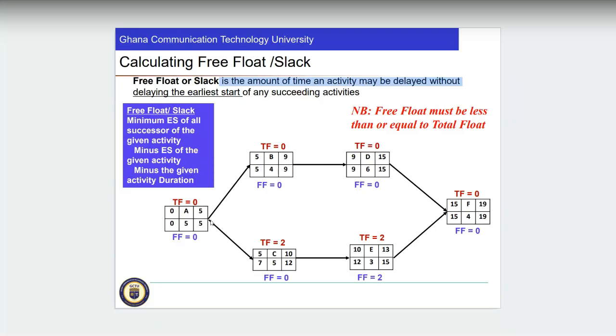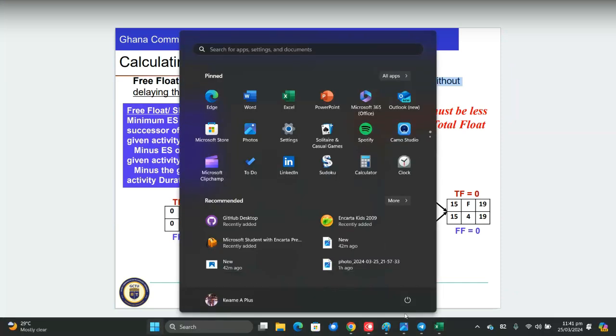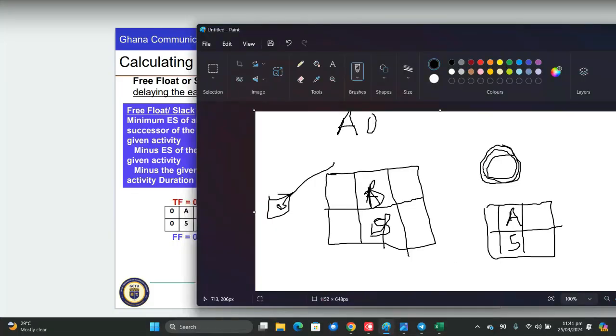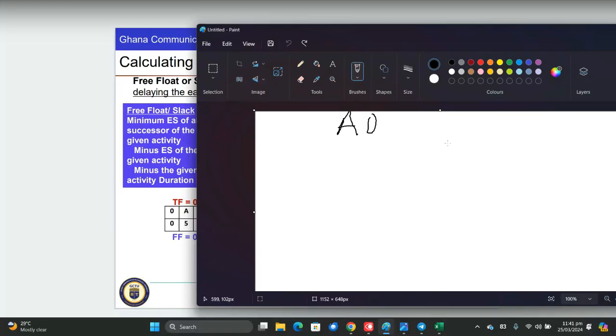So assuming this is activity one, this becomes activity zero. Assuming this is activity one, the earliest start is 5 for, let me say, activity 2. I'll represent it as ES1. I want to tell you like this. That is how I wrote the formula. So maybe you may get it from what I'm doing.